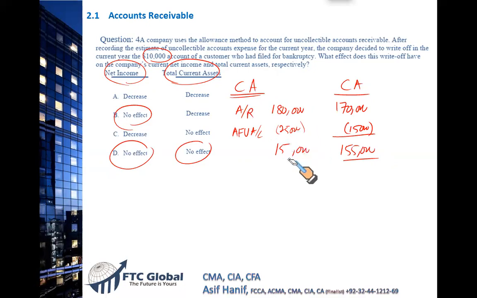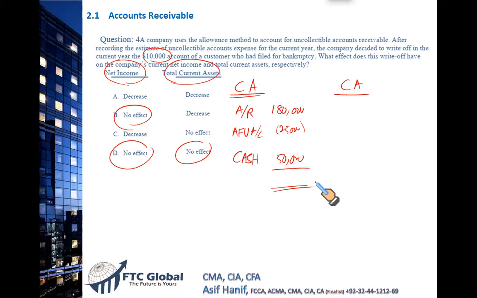Now, let me just change these numbers to give you the idea how it will work. Let's say we have the same numbers, but this time we are going to recover a bad debt. We have a cash balance of, let's say, any number, 50,000, right? So let's say these are just the current assets available.